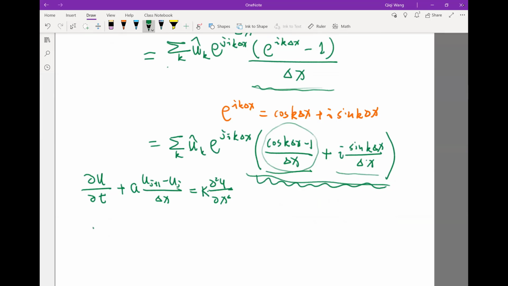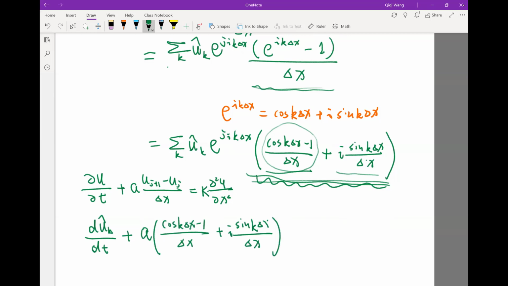What we get is d u hat of k dt plus a times this whole thing with real and complex components, times u hat of k, right? This also comes into the coefficients of these Fourier modes, is equal to, there is a minus sign, kappa times k squared.